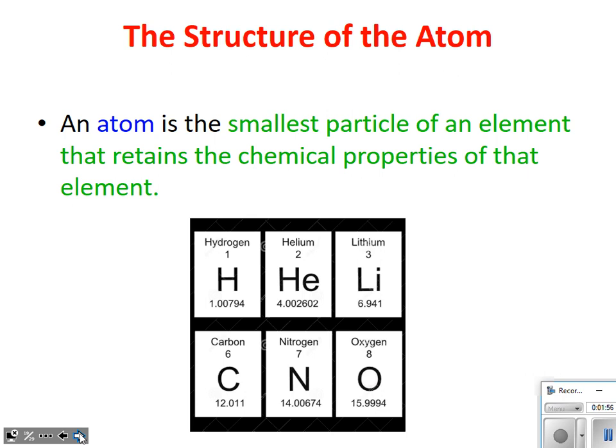Are these four things on your periodic table? Absolutely. The top number is the blue number on the upper left, and the bottom number is the red number on the upper right, correct? So these numbers are on your periodic table.